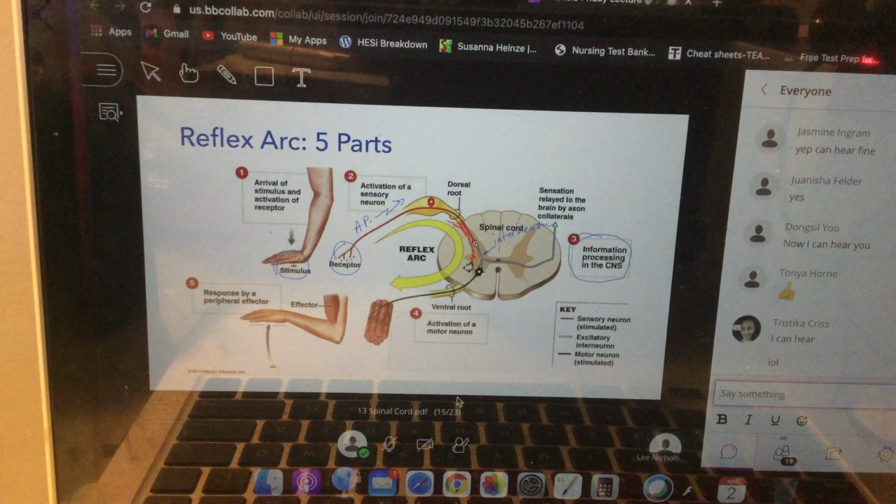Because that synapse between the two is still considered information processing. Okay. So there may be an interneuron, there may not be, but the third part of the reflex arc is still information processing in between. That motor neuron is the fourth part. Activation of a motor neuron to send an impulse out to an effector organ.